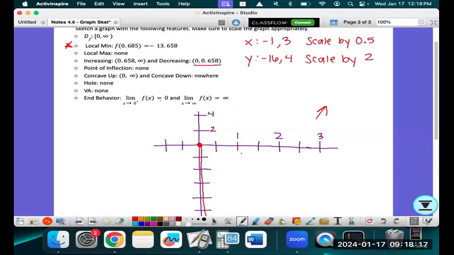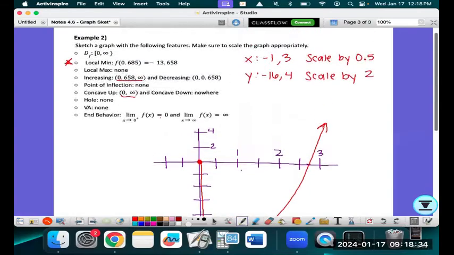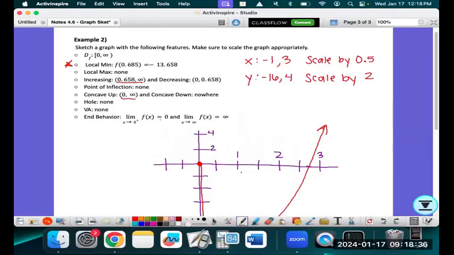And then to the right of that local min value, the 0.658, it's increasing and still concave up. And there we have our graph, but I'm going to double check that everything is accounted for.